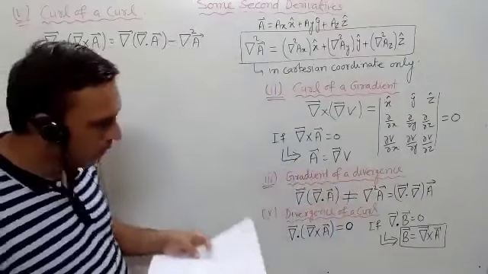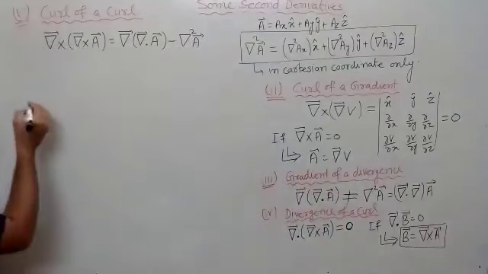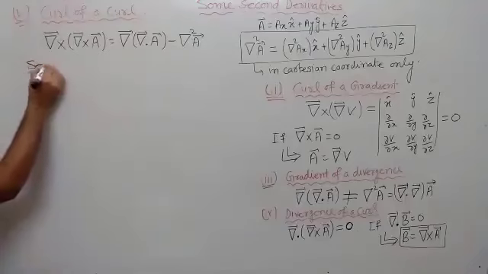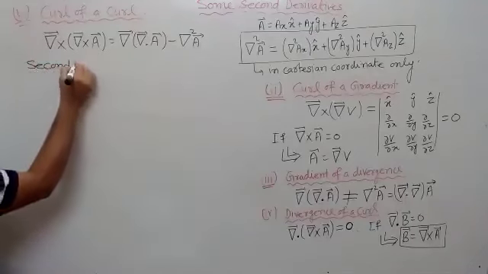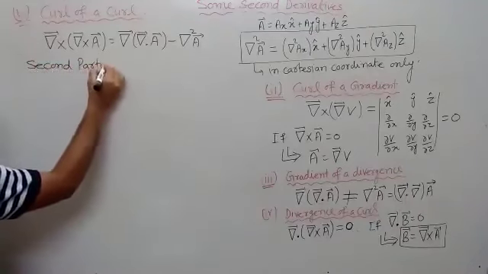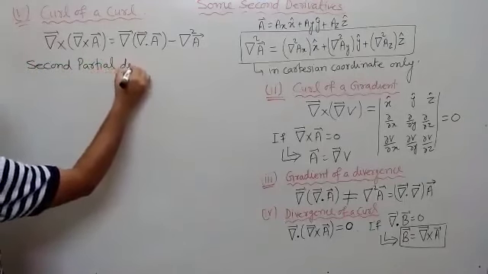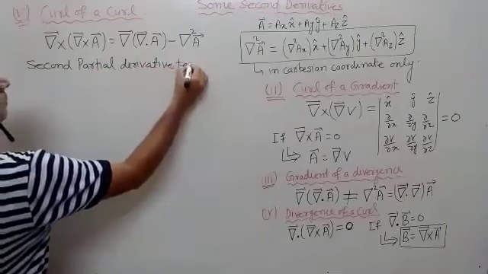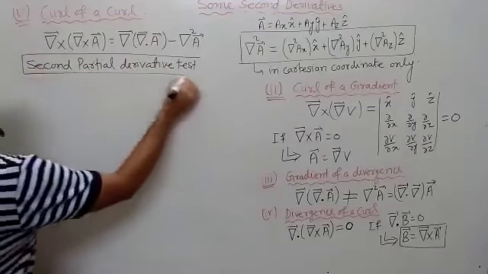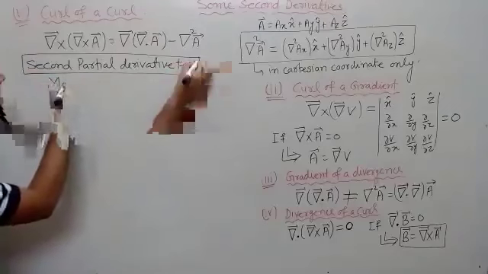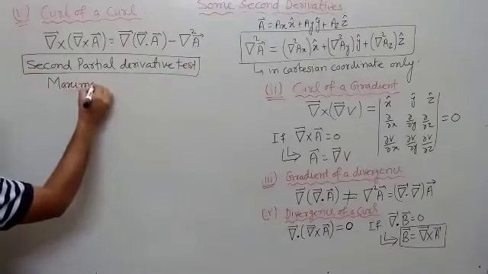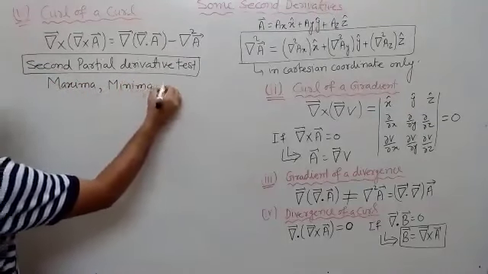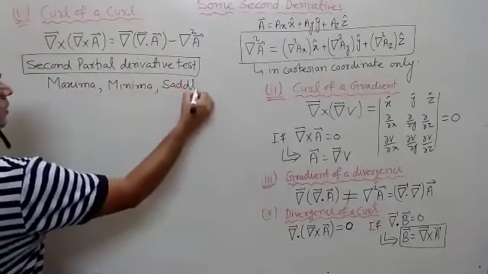So just note down, we call it the second partial derivative test, for maxima, minima, or saddle point.